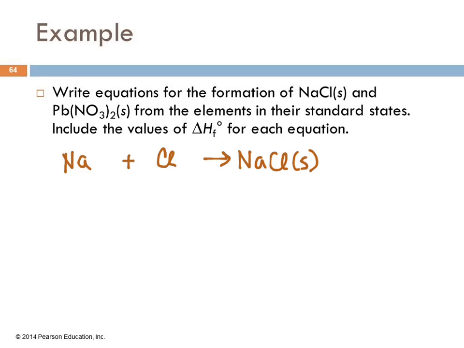We need to go to the table and look up what these heats of formation are. So I'm just going to go to the page in the book that has this.